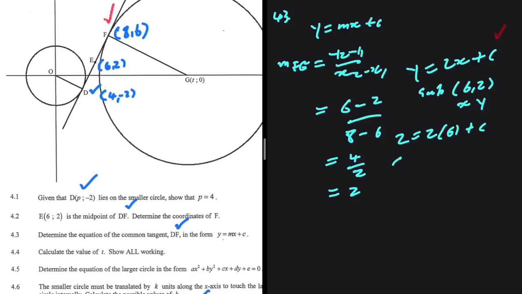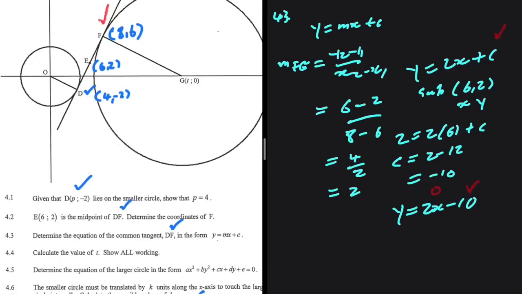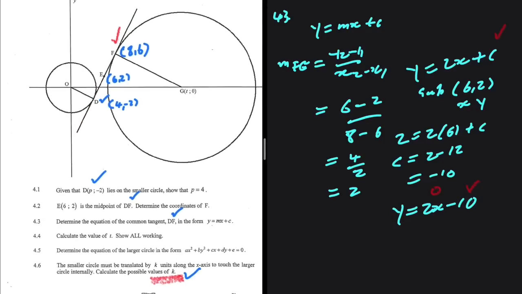It is easy to see that c is equal to 2 minus 12, which is -10. So we have y is equal to 2x minus 10. It makes sense because when x is 0, y is equal to -10. If you look at this line, it makes sense that the y-intercept, where x is equal to 0, can be -10.